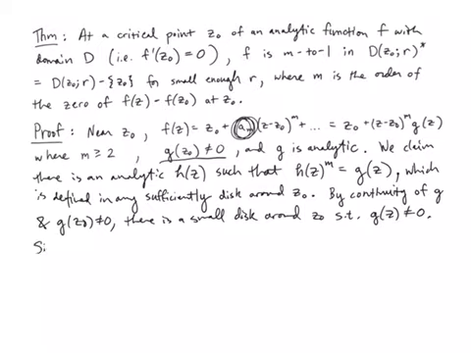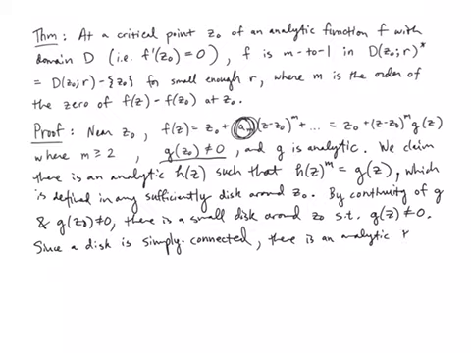So since a disk is simply connected, there is an analytic function, let's say k of z, defined in it such that e to the k of z is equal to g of z.